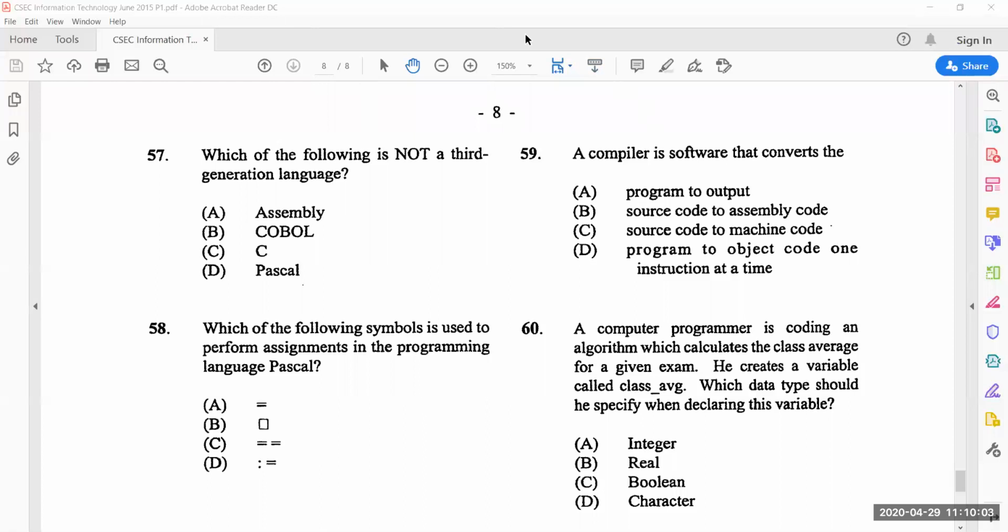Yes, the answer is D. Right. 59, a compiler is software that converts the source code to machine code.